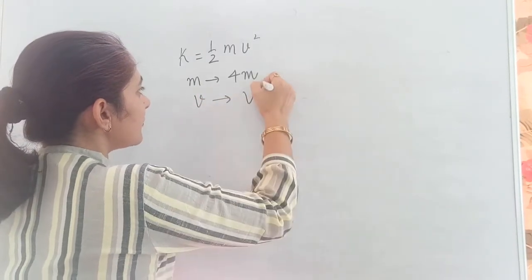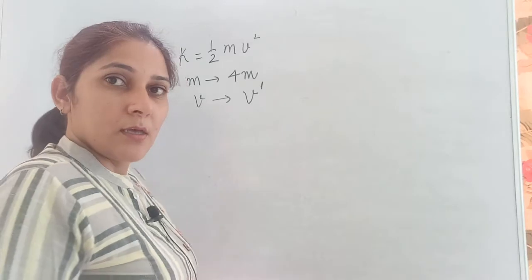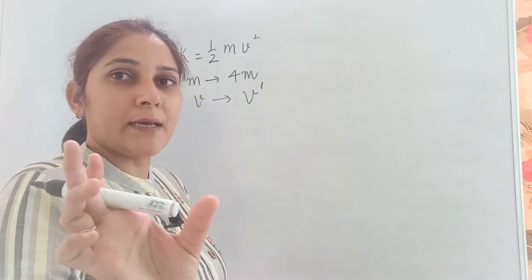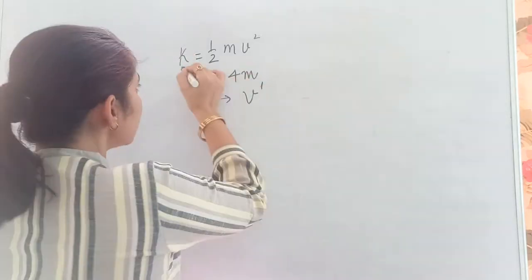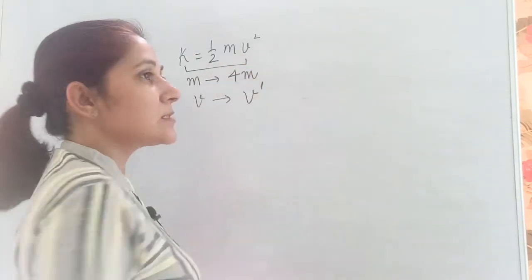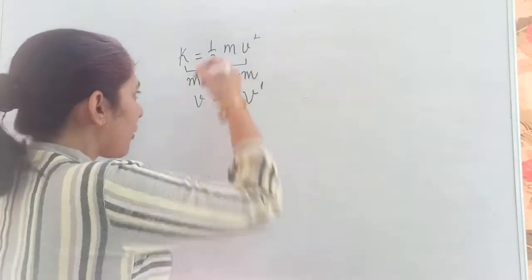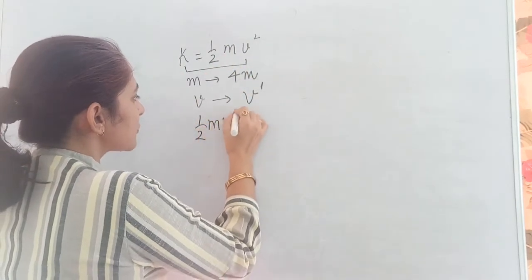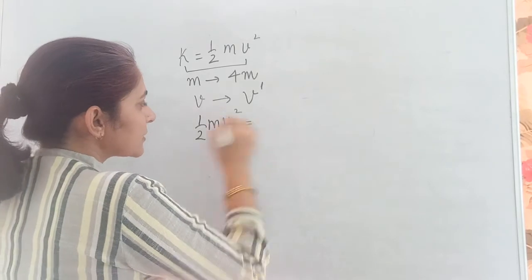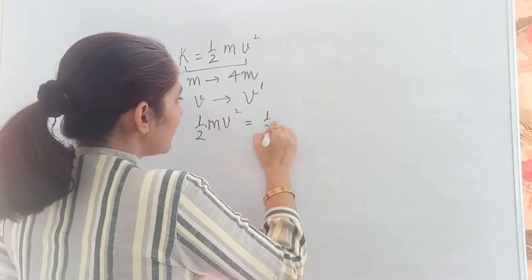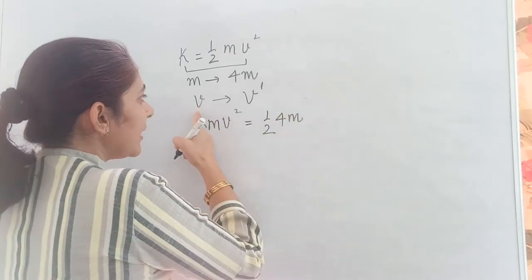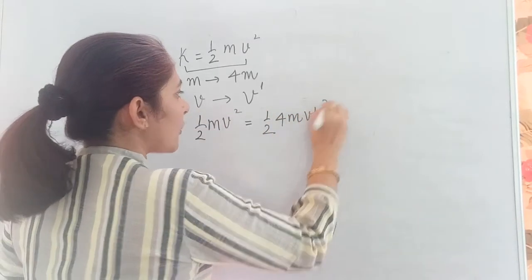Let the new velocity be v dash, so that the value of kinetic energy remains the same. According to the first condition, the value of kinetic energy is half mv square. According to the second situation, the value is half, new value of m is 4m and new value of v is v dash square.